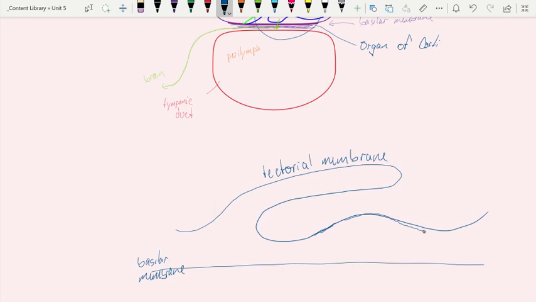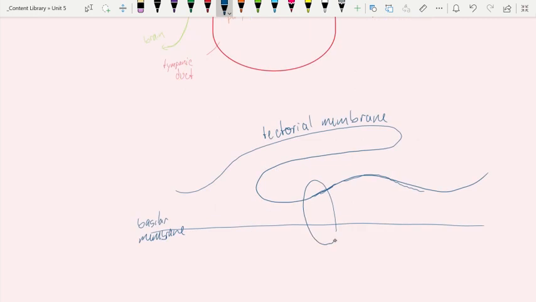And we have one row of inner hair cells and 3 rows of outer hair cells. And the hair cells, this is very important. We have 1 row of inner hair cells, so this is an inner hair cell. And then we typically have 3, anyway, several rows of outer hair cells.